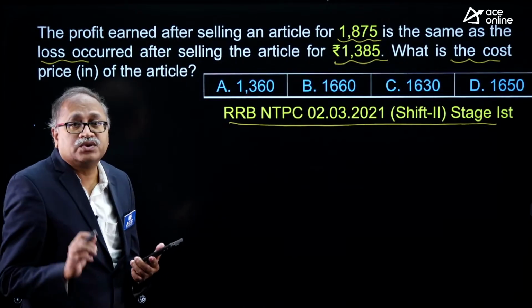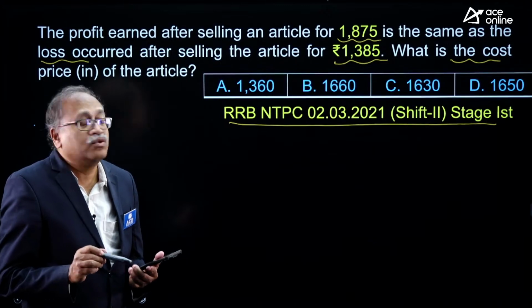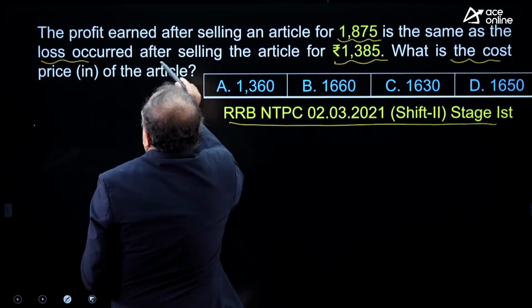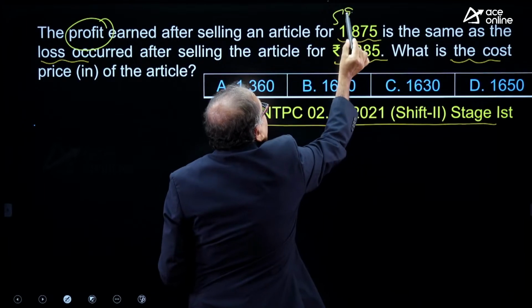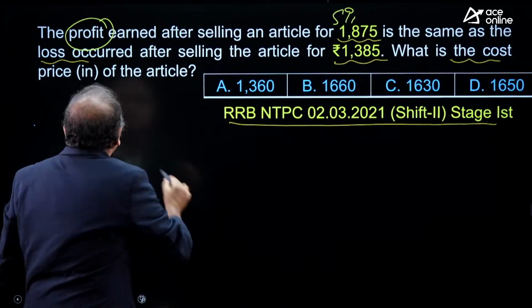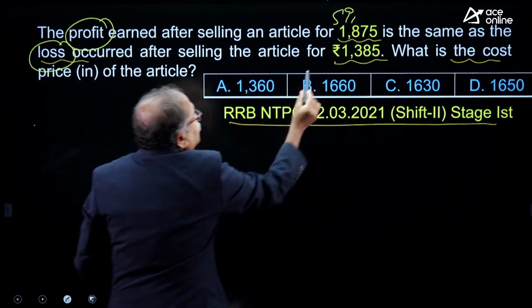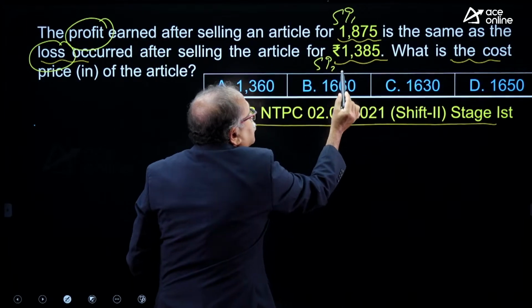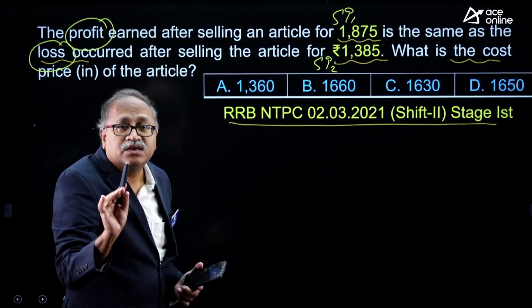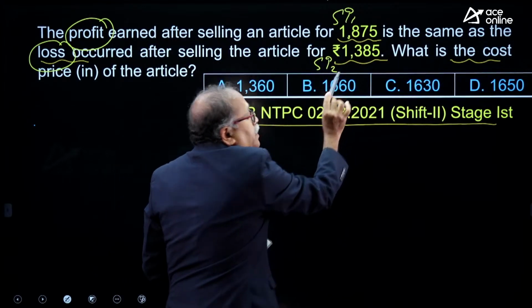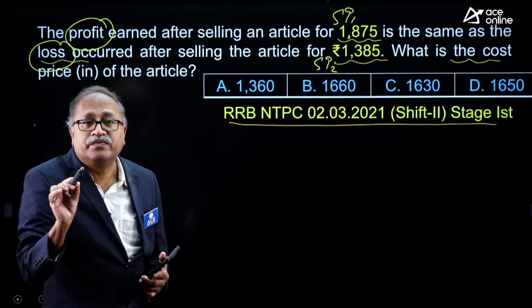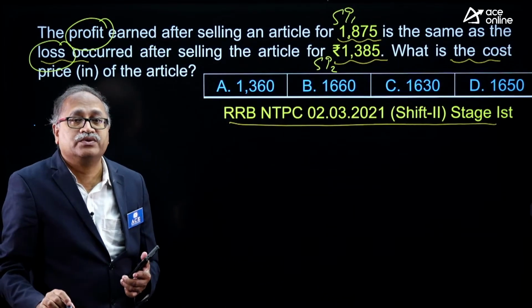What Deepak knows is that when the profit on SP1 is the same as the loss on SP2, then the cost price will always be the average of SP1 and SP2. This is what Deepak knows.